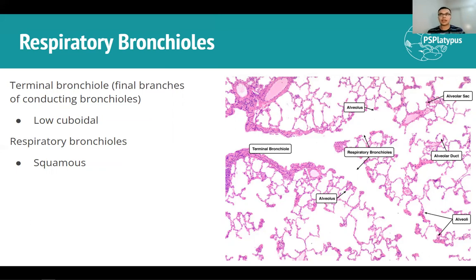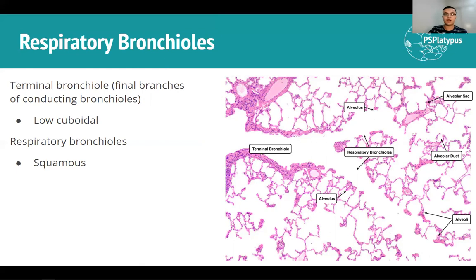And now notice, as we come to the respiratory bronchiole, which is the actual respiratory zone responsible for gas transfer, we've now got squamous cell types, and that's going to be responsible for exchanging gases across it, such as oxygen, carbon dioxide, and other gases, which are going to play an important role in perfusion.